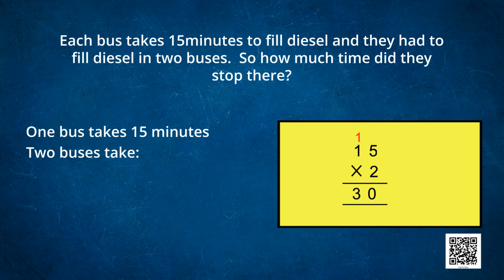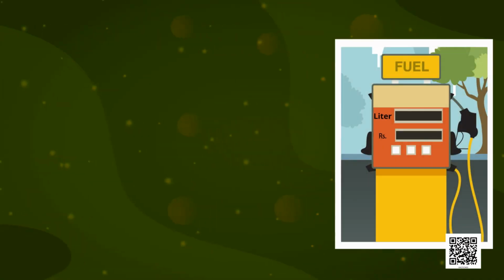So here we see time taken is 30 minutes. So that means it will take 30 minutes for them to fill fuel in 2 buses. And thus they will get late by how much time? 30 minutes.